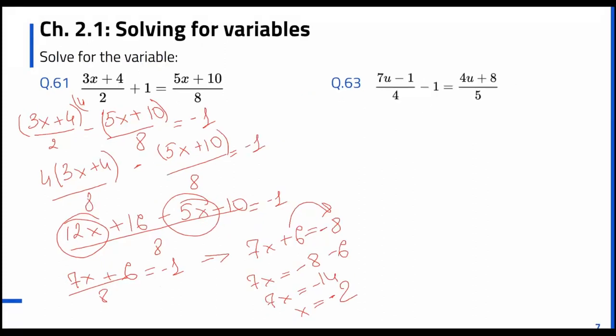So let's check the second equation. Here we follow the same procedure. All our variables to the left side.